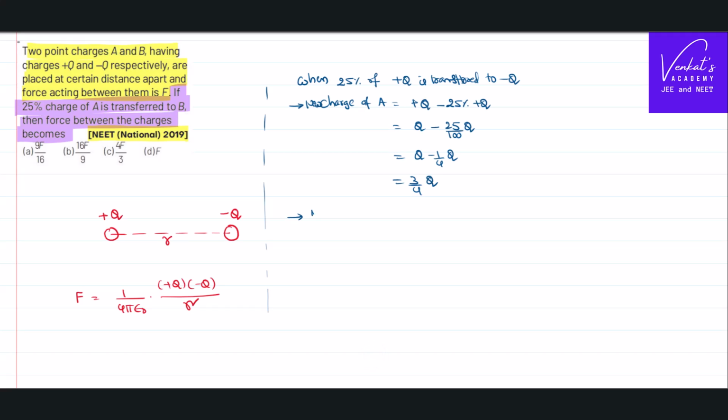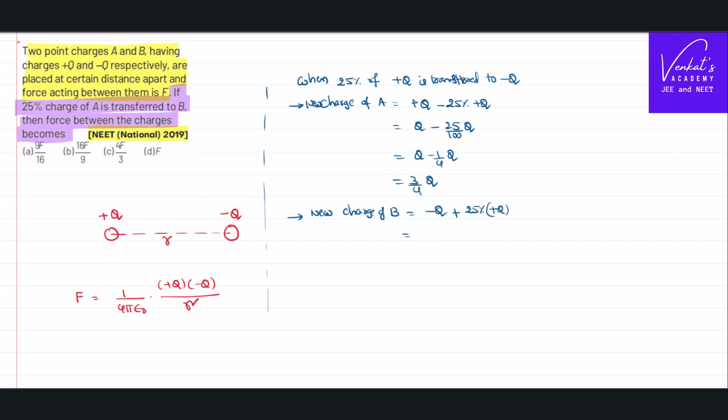That is the charge of A, the new charge of A after transfer of 25% from A. Now let us write what is the new charge of B. That is minus Q originally, plus it has received 25% of plus Q, right?